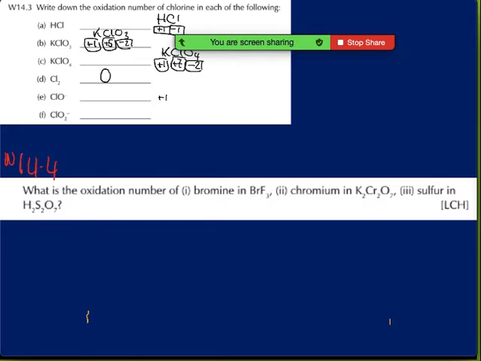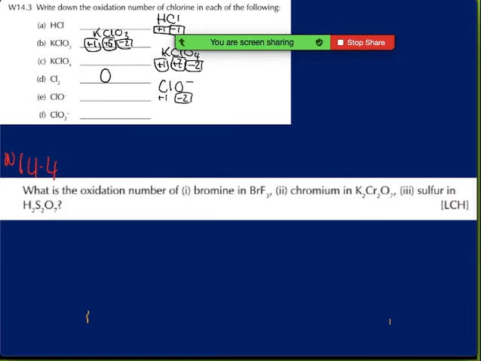Chlorine, because it's an element, Cl2 will be 0. In ClO-, oxygen is -2.